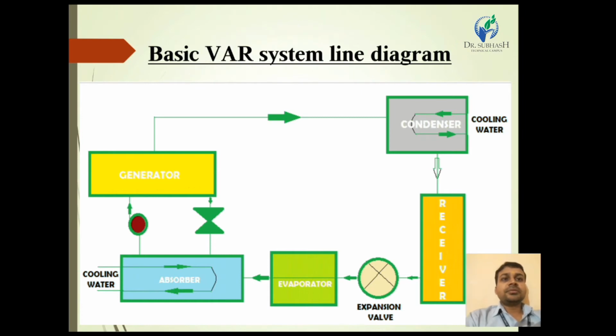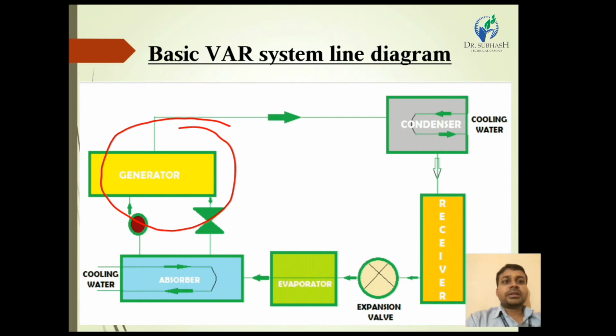This is the basic VAR system line diagram. The first component in the VAR system is the generator. The generator gets heat from waste heat, sunlight, or another heat source given from the external side. Then the refrigerant and H2O pass towards the condenser.